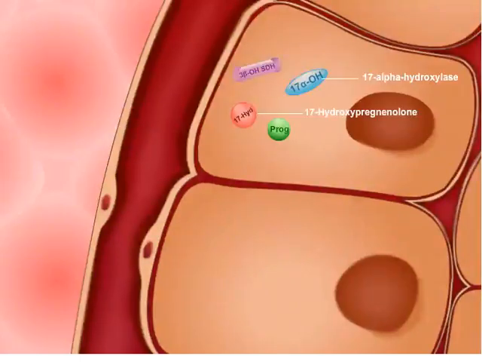17-hydroxypregnenolone. There are two pathways that lead to the formation of 17-hydroxyprogesterone. One is from progesterone by way of 17-alpha-hydroxylase.